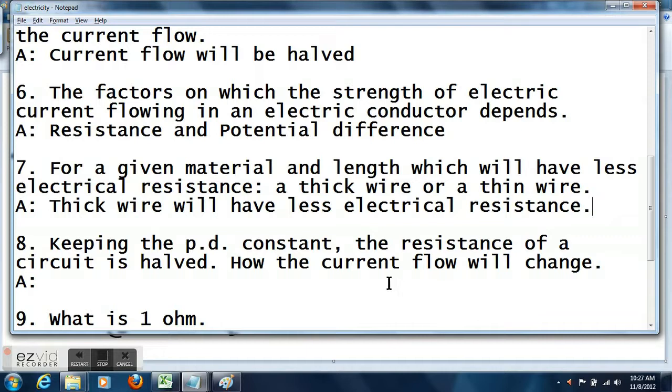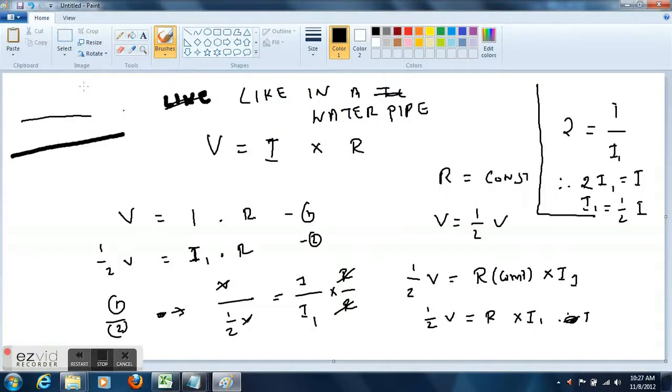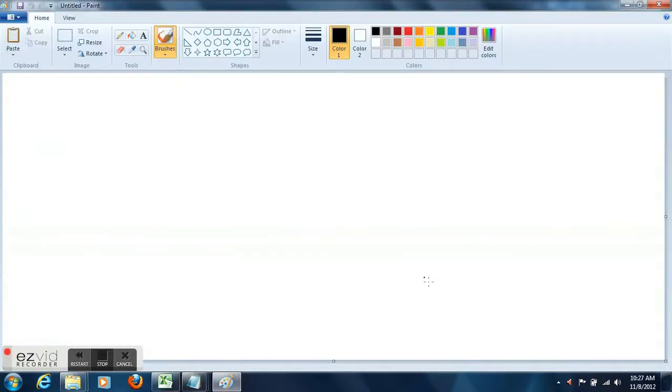Next question. Keeping the potential difference constant, if the resistance of a circuit is halved, how will the current flow change? Now here potential difference is remaining constant, whereas the resistance is becoming half. So again write the formula, V equal to I into R. Here V is constant.